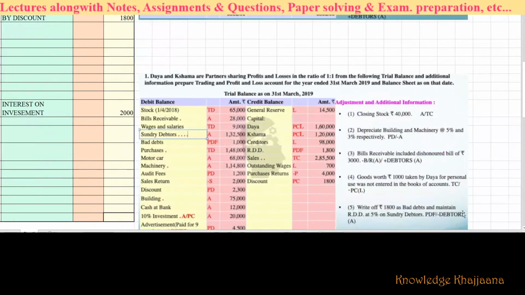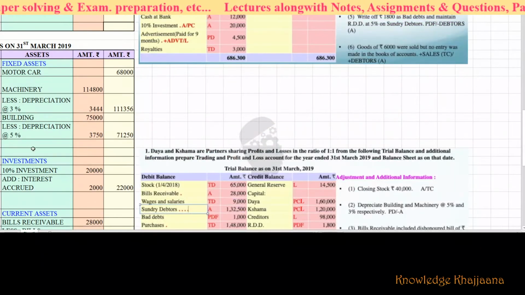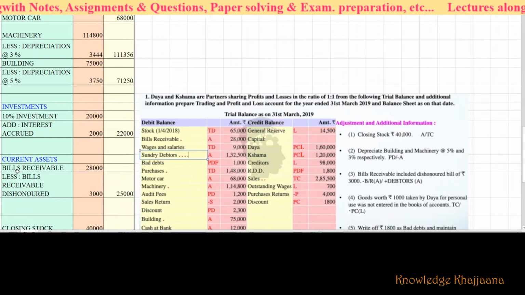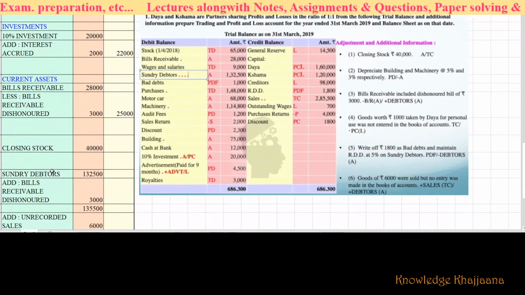Then bills receivable 3,000, both entries in the asset side. Bills receivable 3,000 we have deducted from the bills receivable, and the same amount we have added to the sundry debtors.